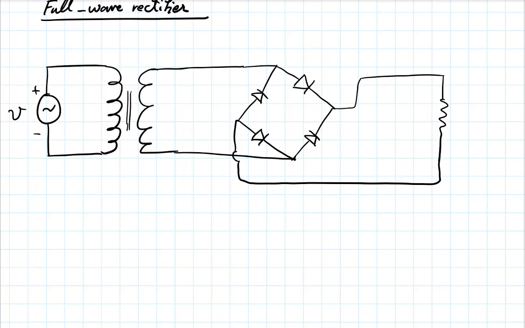Maybe let's call this V1. Better to call this V in, and then here call this V1, so the polarities are defined in the same direction. Imagine V in is a sinusoidal signal, let's say a cosine like we had before. What is V out? Think about that for a moment.